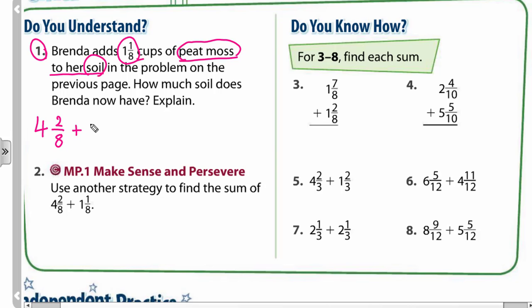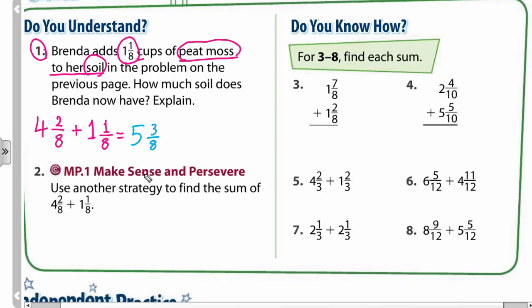Add to it 1 and 1/8. Yes, plus 1 and 1/8. Go ahead. Yes, 4 plus 1 equals 5. Make a big 5 like this. Yes, and 3/8. Yes, thank you, my hero.